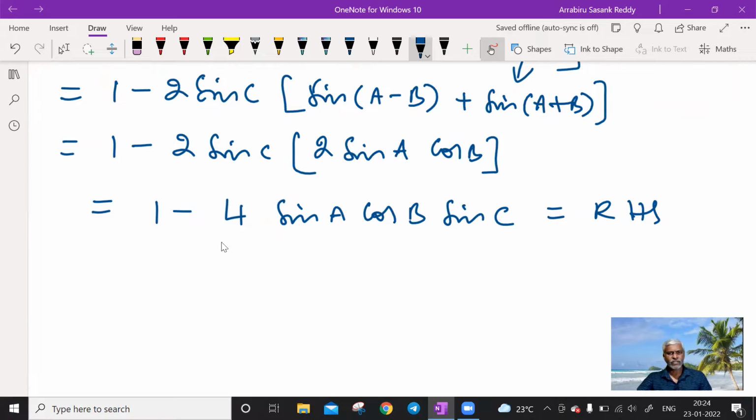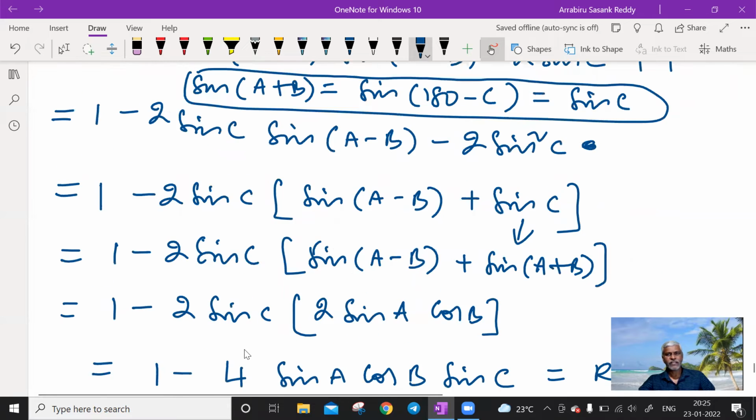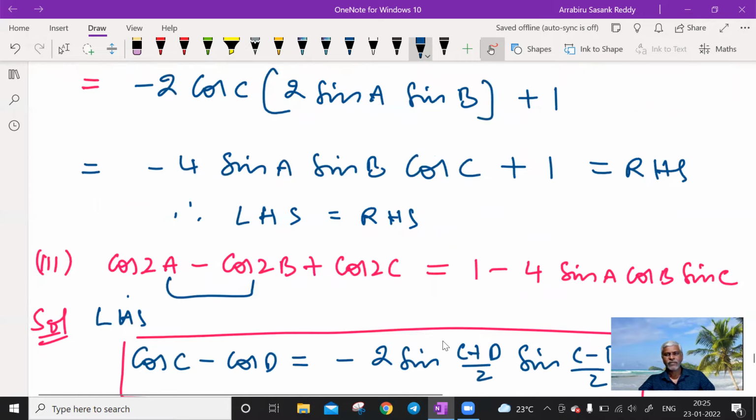The answer is on the right hand side, so you can check at any time whether what you are doing is correct. If you are not getting the right side, then go back and check where you made a mistake. So you cannot go wrong in such questions, since the right side answer must come. If it does not, you made a mistake somewhere. So 1 minus 4 sin A cos B sin C.